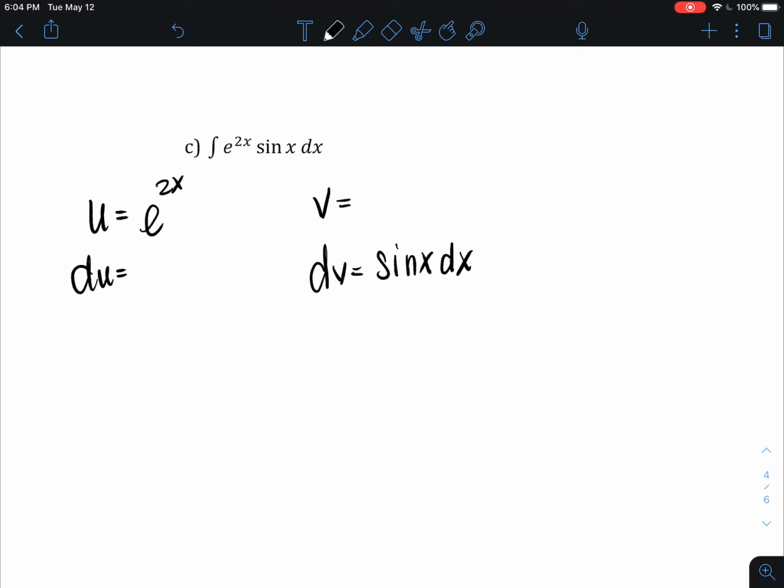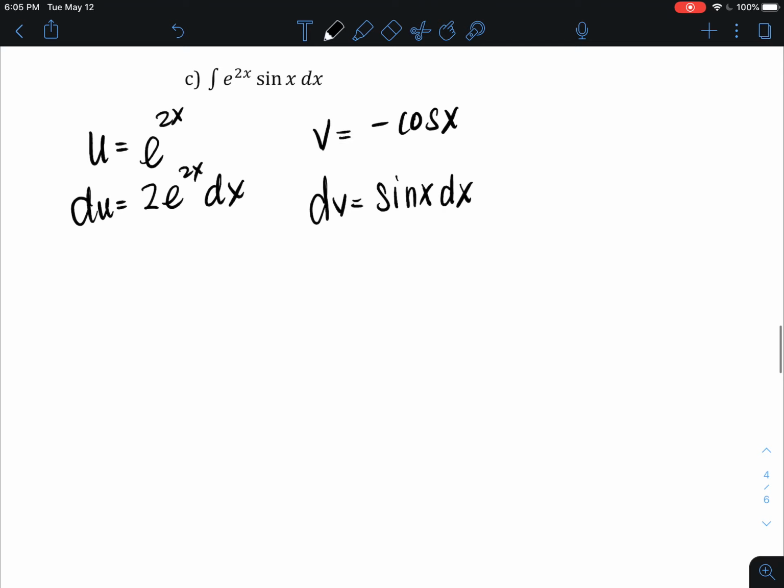Then the derivative of e to the 2x gives me 2 e to the 2x dx. And the integral of sine x dx gives me negative cosine x. If you don't remember, that's okay. We have that worksheet that I told you guys about yesterday. Use it, okay?